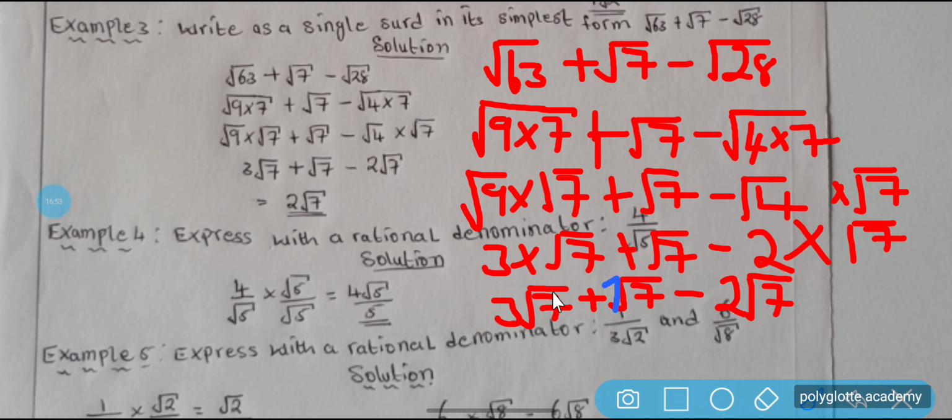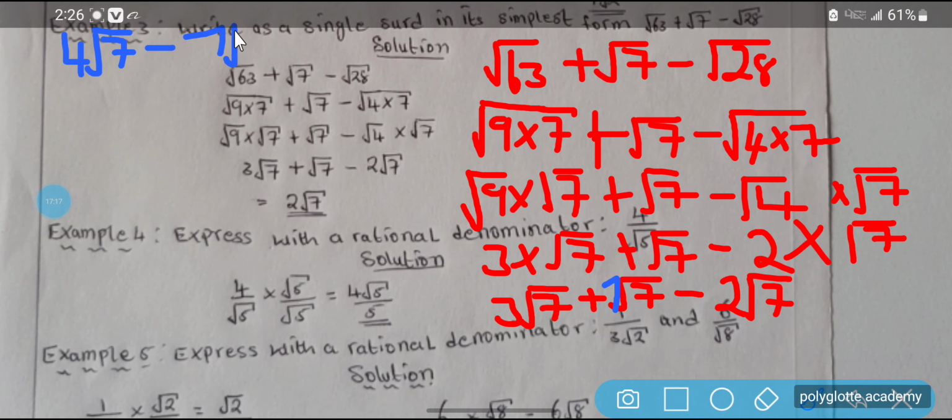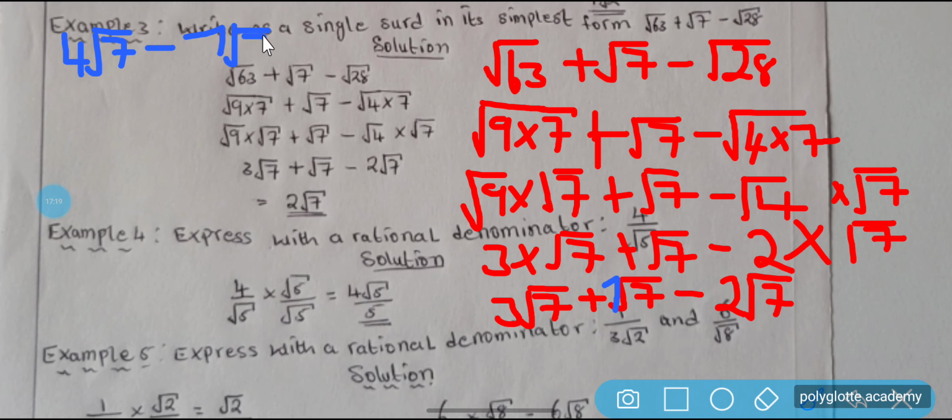So I'm going to take 3 plus 1, which will give me 4 root 7, and then we have root 7 minus 2 root 7.